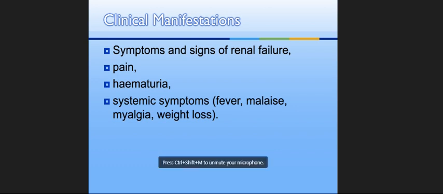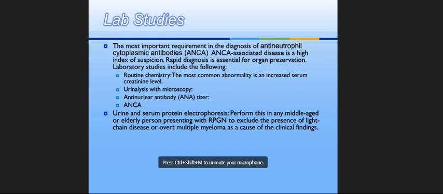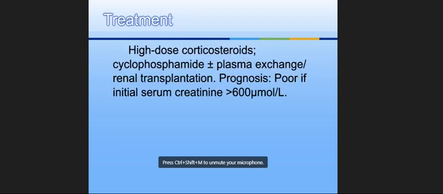Lab studies: again, we will do a renal workup, but in special situations we have to do some parameters like ANCA and anti-GBM antibody. Treatment: I have told you the common type of treatment between all entities is corticosteroids, but sometimes we add cyclophosphamide.